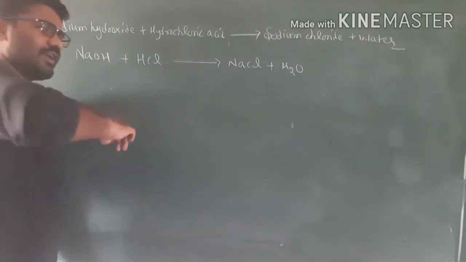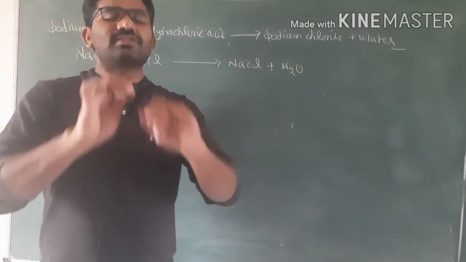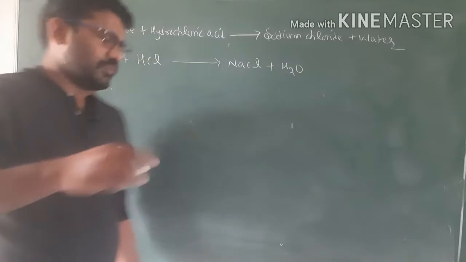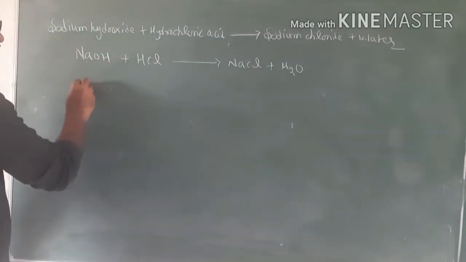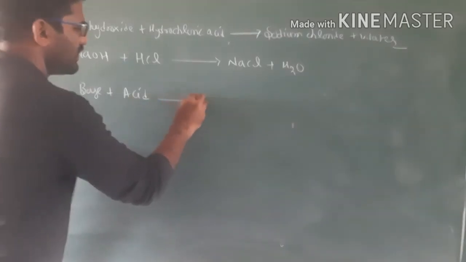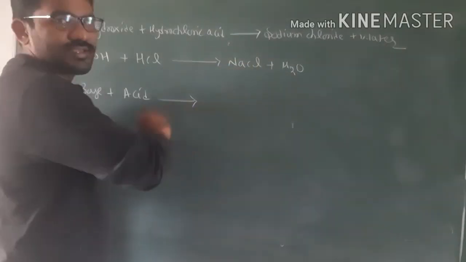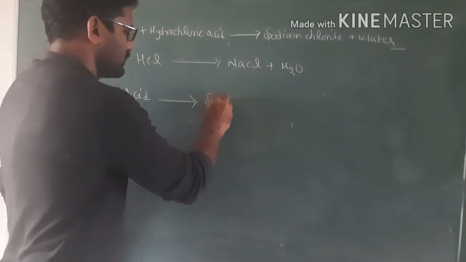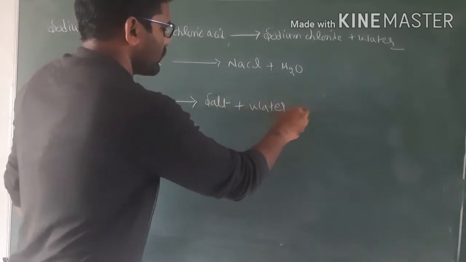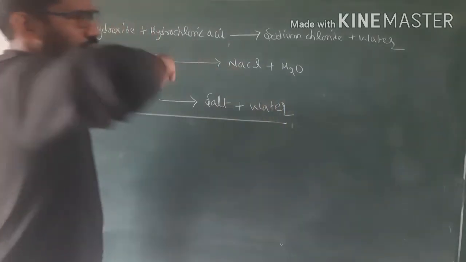Now let us write the generalized equation for the reaction between acid and base. Sodium hydroxide is a base, hydrochloric acid is an acid, and base plus acid gives sodium chloride, which is a salt, plus H2O, water. That's it, which is very important. Try to underline here.